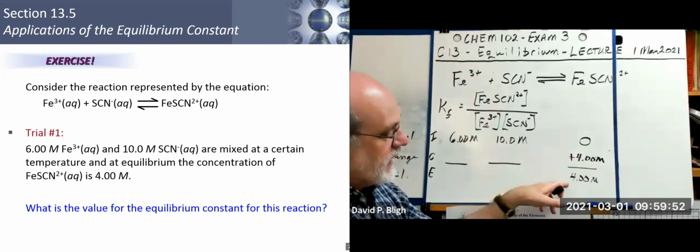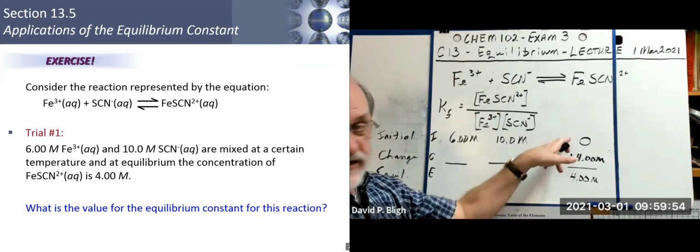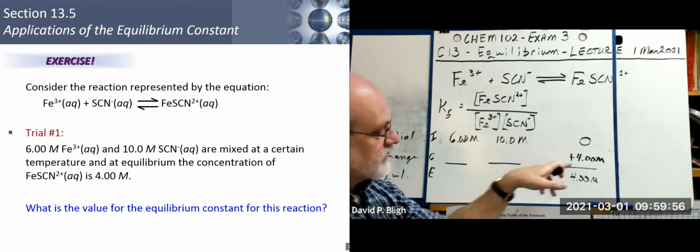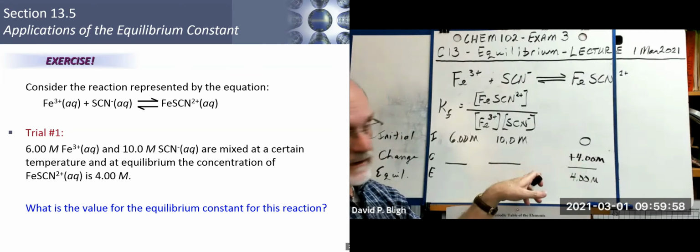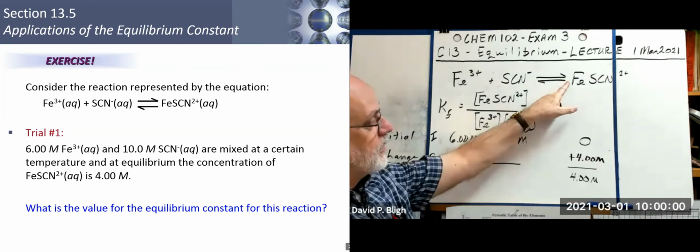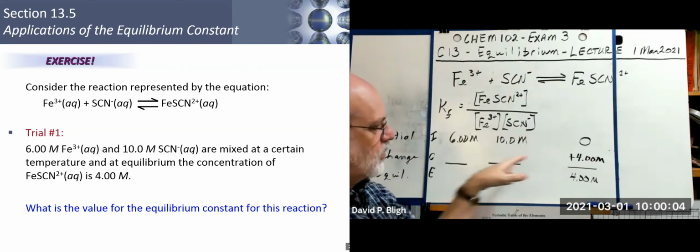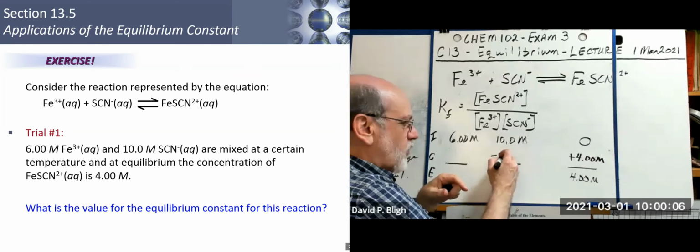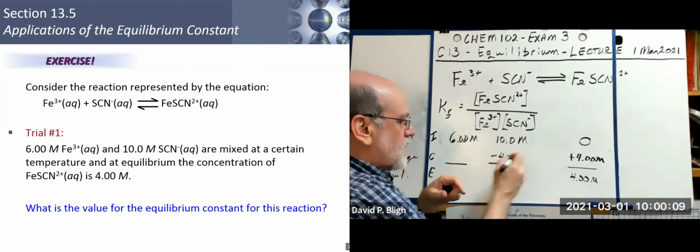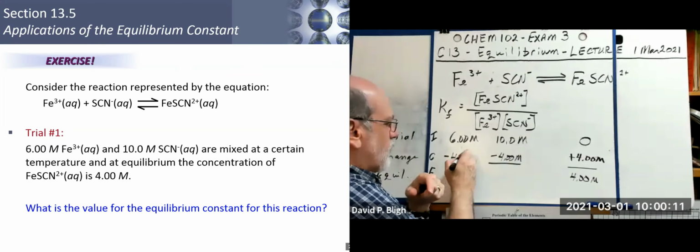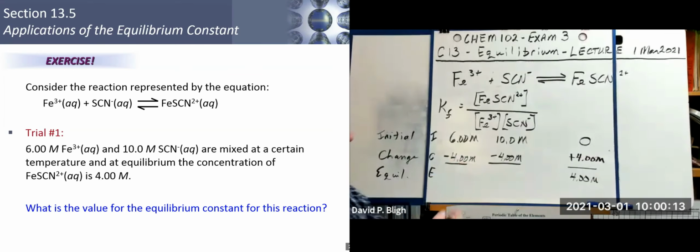That's the only way you can get a total of 4 molar: add 4 molar to 0. So if that's 4 molar, where did it come from? Well, you had to lose 1 to 1 to 1. So if this is plus 4 molar, this has to be minus 4 molar, and this has to be minus 4 molar. Okay?